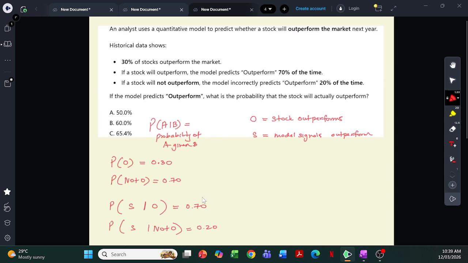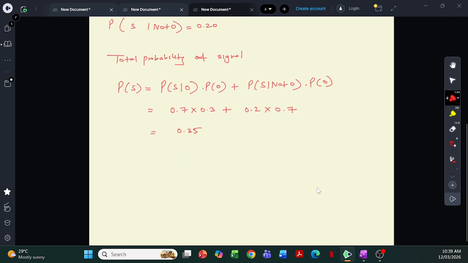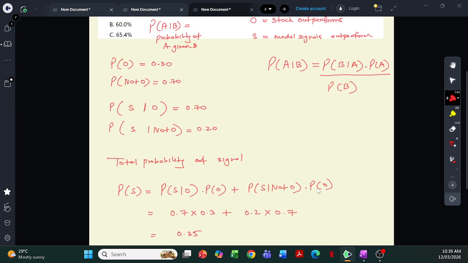Now, again, I'm going to write the base formula in a general sense. Probability of A given B is probability of B given A multiplied by probability of A, divided by probability of B. In this sense, we got 0.35 as the probability of B. So here, what is the question asking?